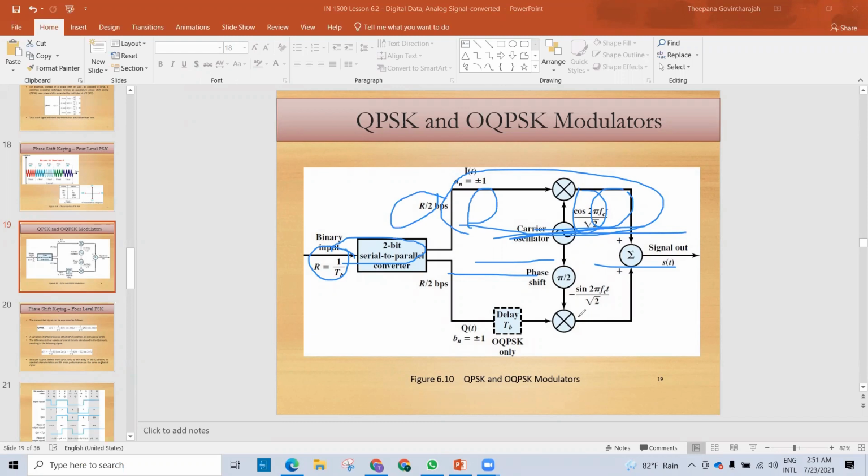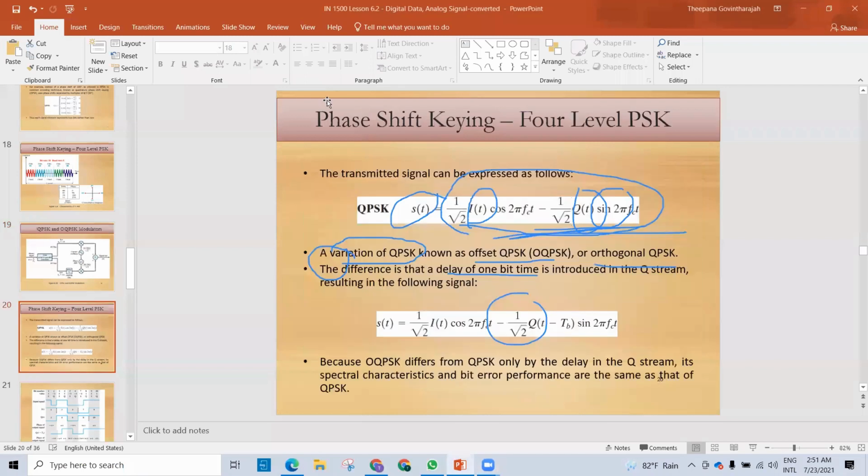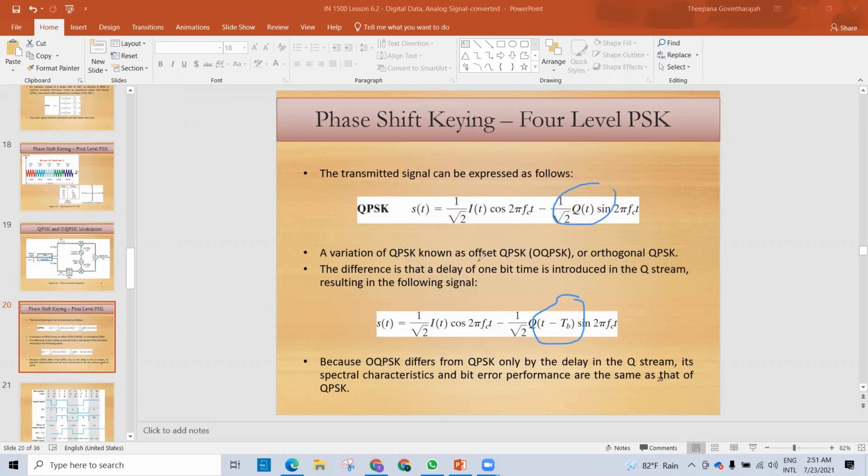So TB is the time needed for the transmission of 1 bit. And here we are introducing the delay for 1 bit. So the difference is that for the QT channel, we are introducing the delay. That's why it is denoted by this subtraction. So the difference between both formulas is only the delay. Otherwise, the formula is totally the same.